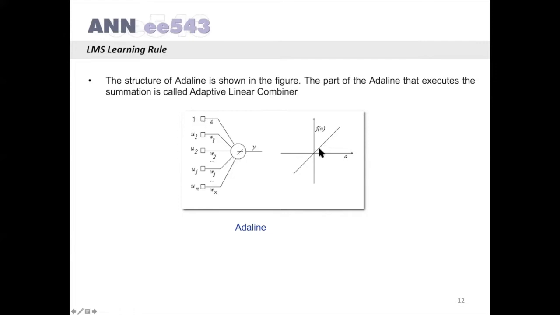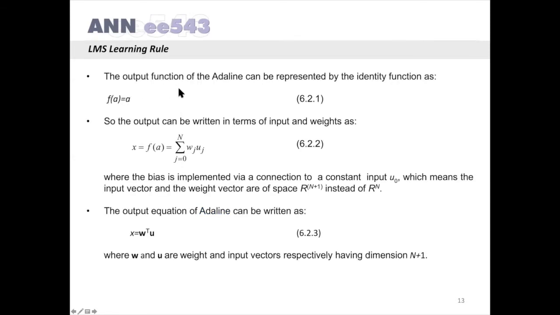For the Adaline, the output function f(a) is equal to a, so whatever activation is calculated here becomes the output of the Adaline. The output function of the Adaline can be represented by the identity function, f(a) = a, the activation itself.